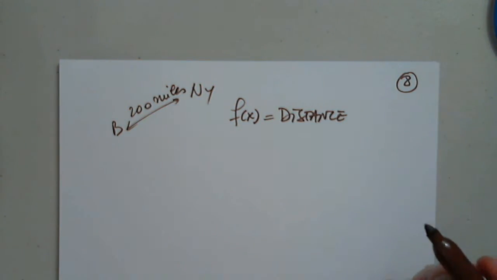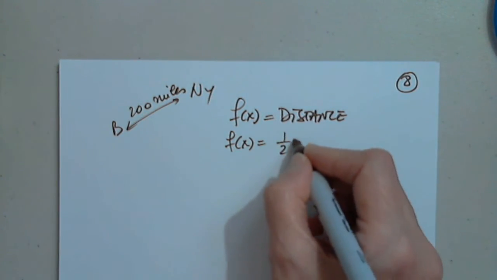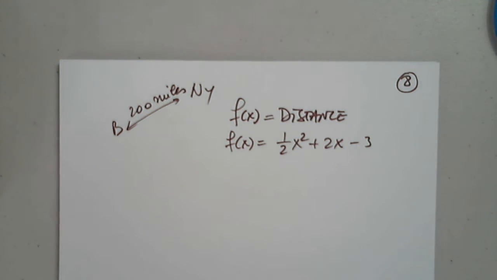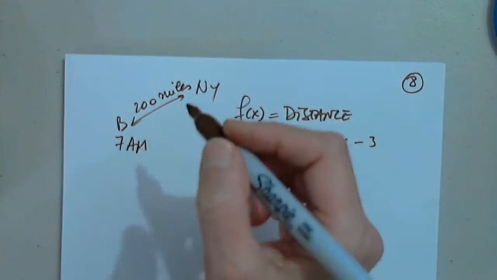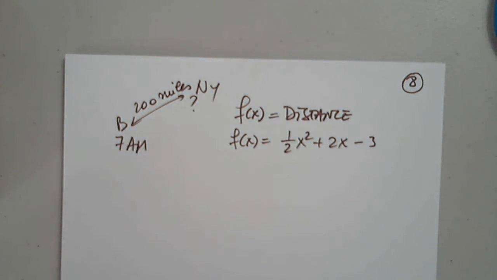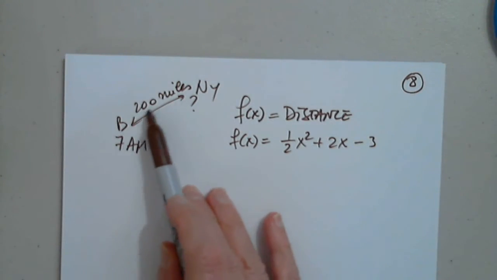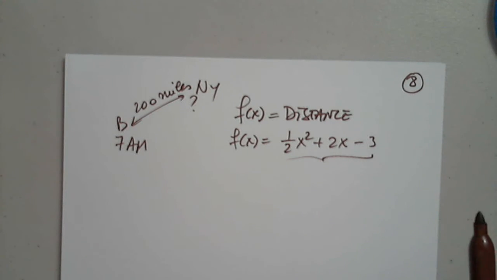Let's say it's 1/2 x squared plus 2x minus 3. This function gives me the distance that I cover. I start here at 7 a.m. and I have no idea when I get there, but I know I start at 7 a.m. I know I have to cover the distance of 200 miles, and this is the function that gives me the distance.